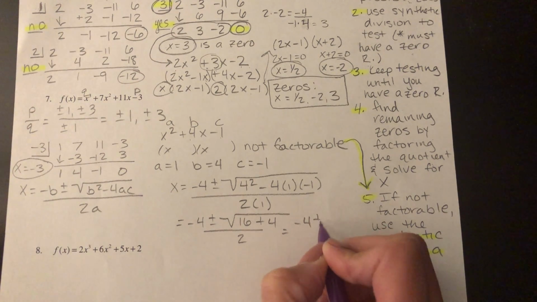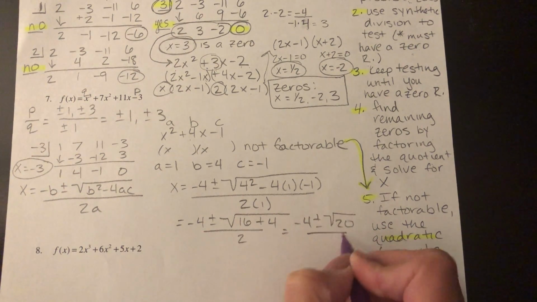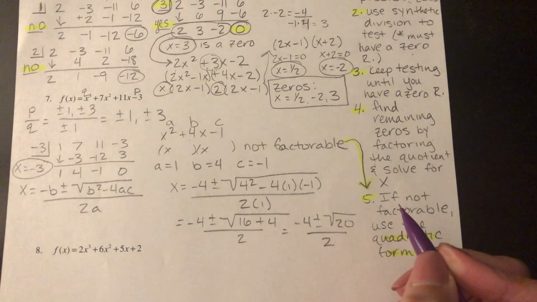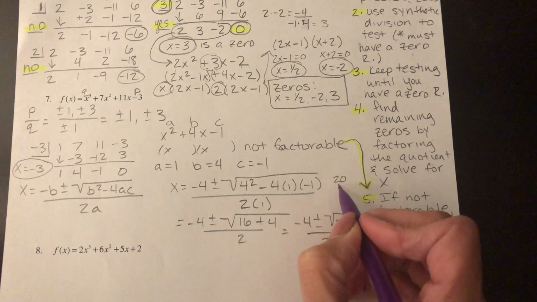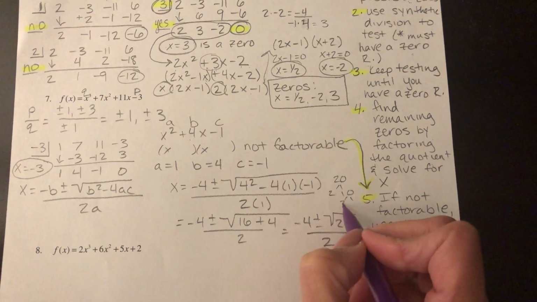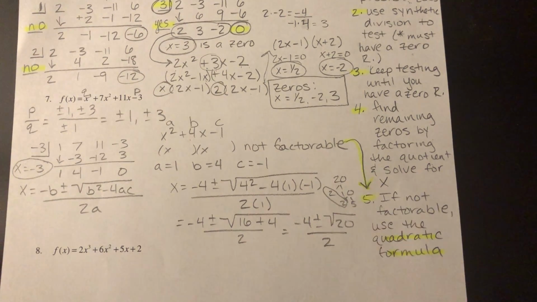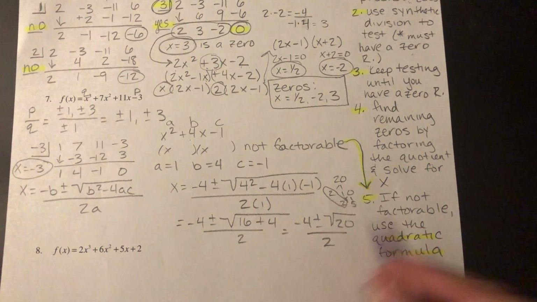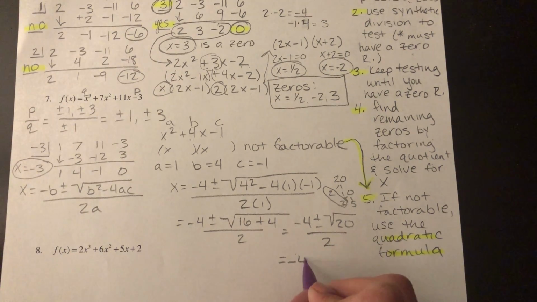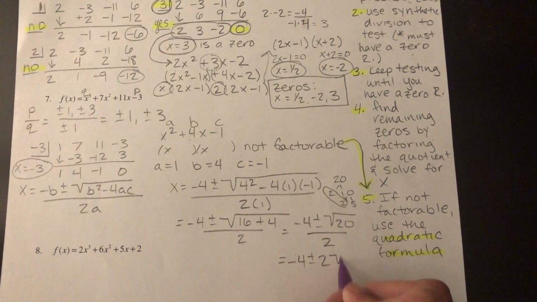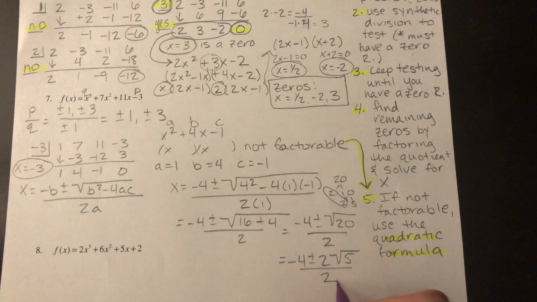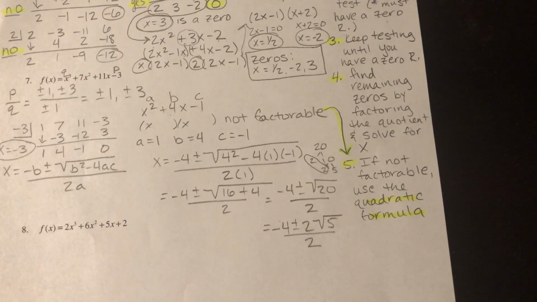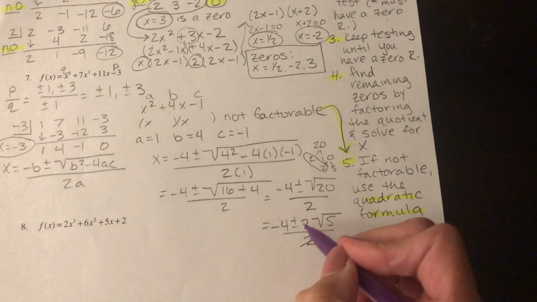Keep going. You can take that square root of 20, make my factor tree. So that simplifies to 2 square root 5. But there's still one more thing to do. You can still reduce it by 2.